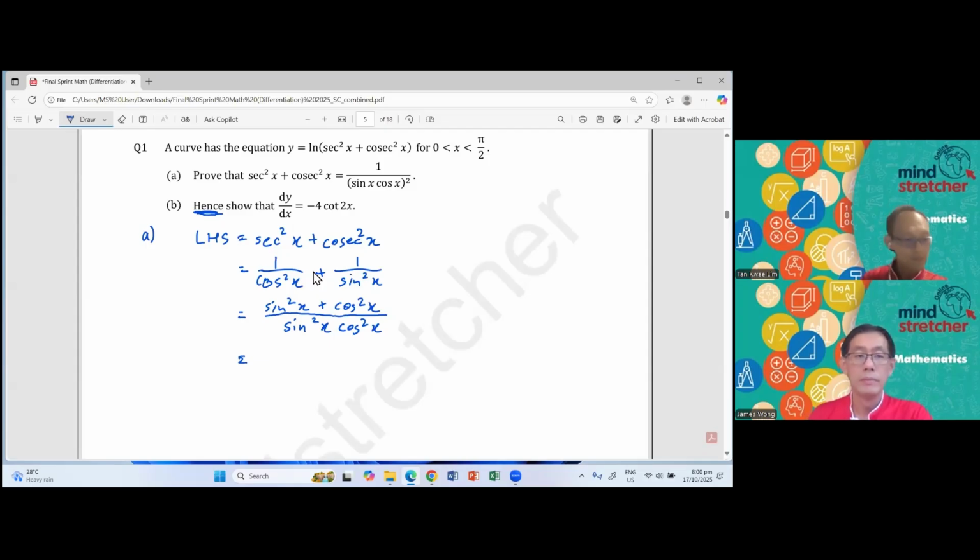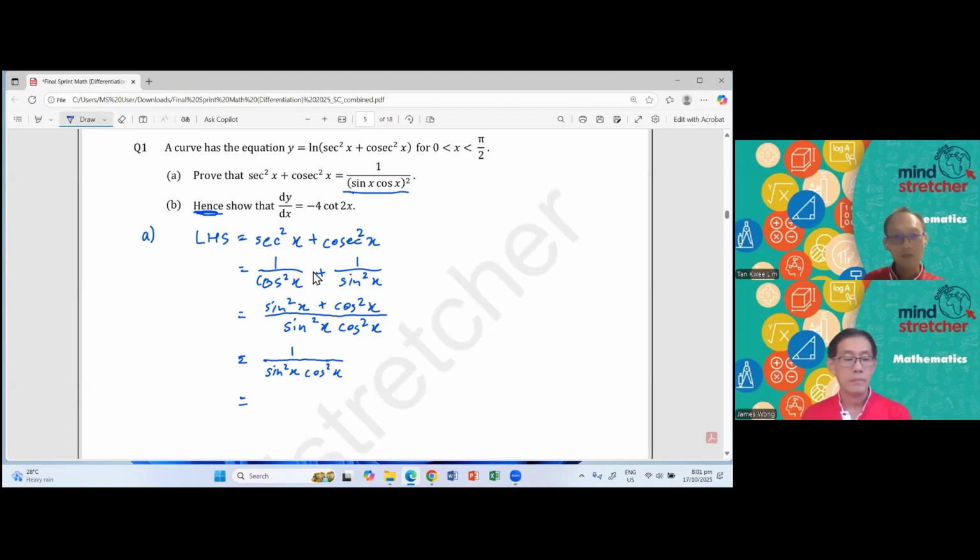Then from here, sine square x plus cosine square x, remember I mentioned earlier, is equal to 1, right? So then we can just put this as 1 over sine square x cosine square x. Okay, and we can take out the square from the sine x and cosine x, so that it looks like what you see over here.